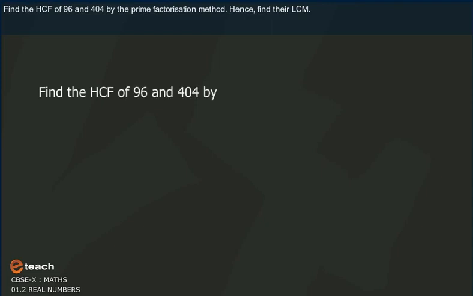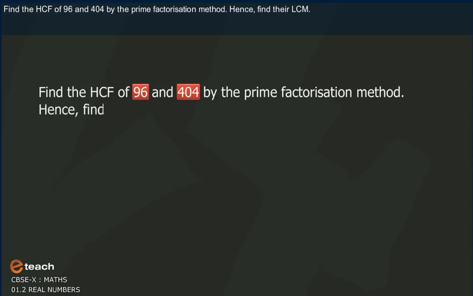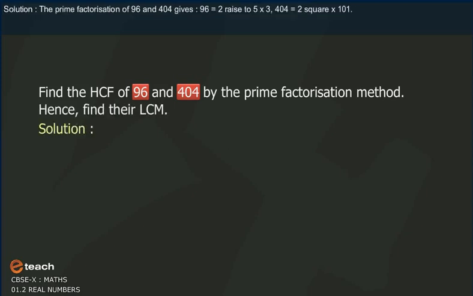Find the HCF of 96 and 404 by the prime factorization method. Hence, find their LCM. Solution. The prime factorization of 96 and 404 gives 96 is equal to 2 raised to 5 into 3, 404 is equal to 2 square into 101.